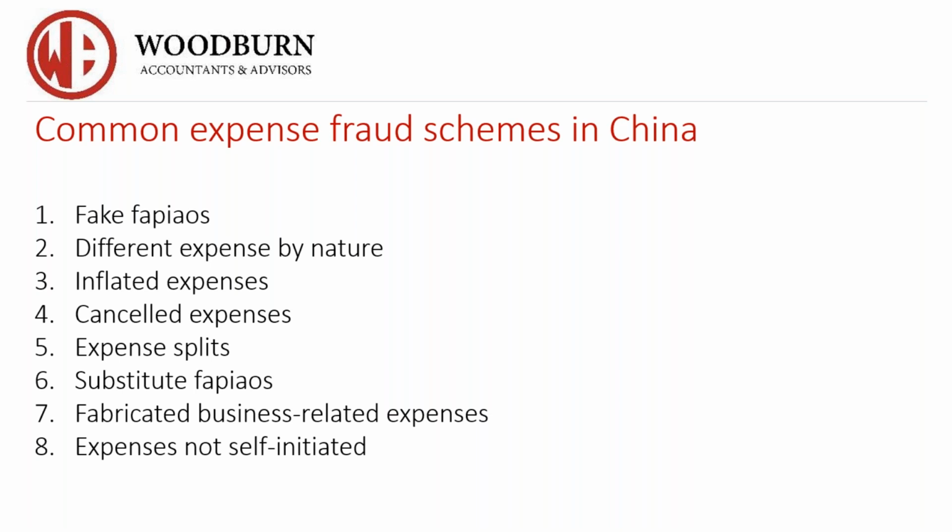Inflated expenses. So this is actually where, for example, you will have an employee that goes to a restaurant, only spends 100 RMB on the meal, but then asks the restaurant to issue a Fapiao of up to 150 RMB. Now, I know that this is extremely, extremely difficult to check. However, you can also designate certain restaurants where your employees can go for meals, where you then know the price ranges. Now, again, we're talking about mothering and fathering your employees and telling them where they can and cannot go.